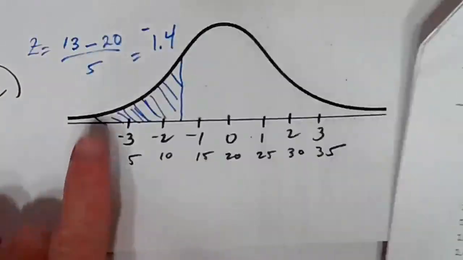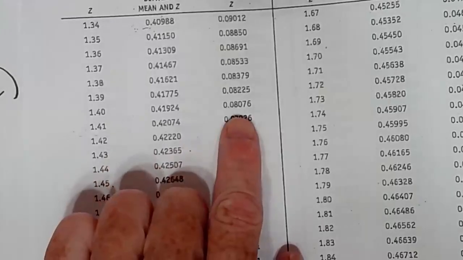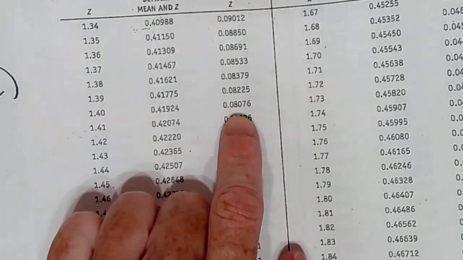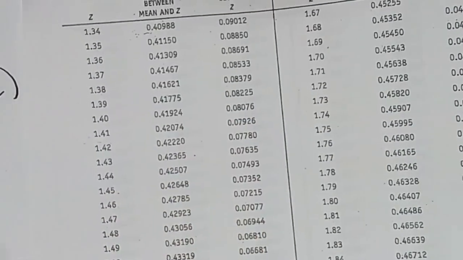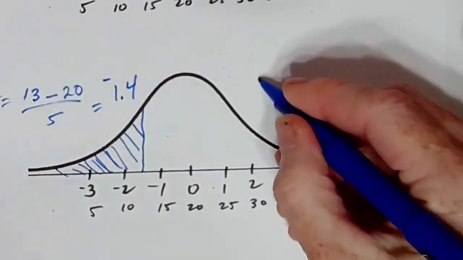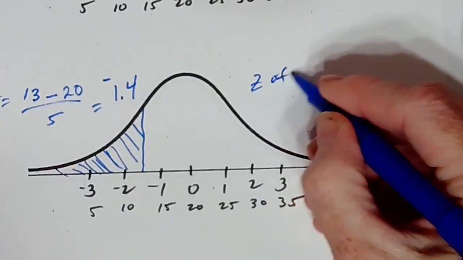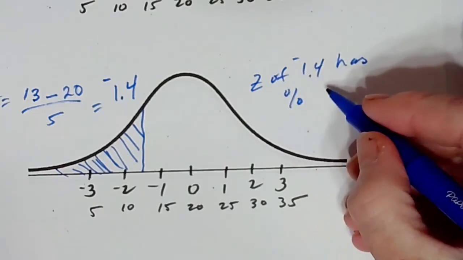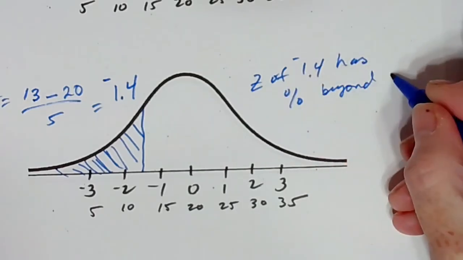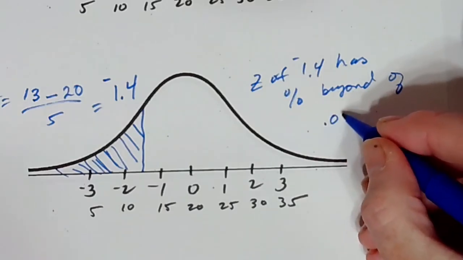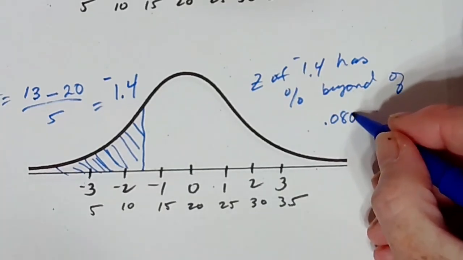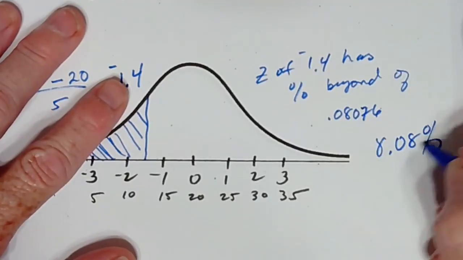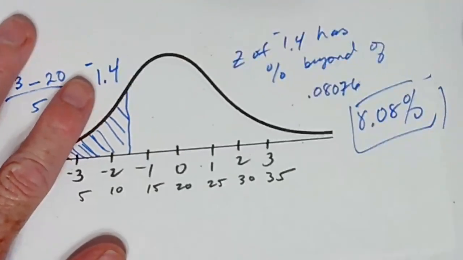So Z of 1.4 has area beyond of 0.08076, so 0.0808, or 8.08%. That's your answer to that one.